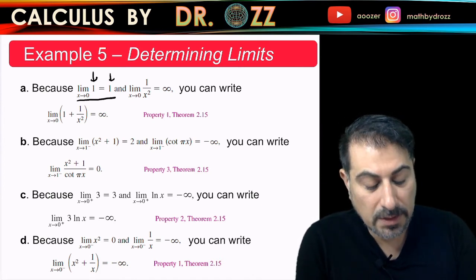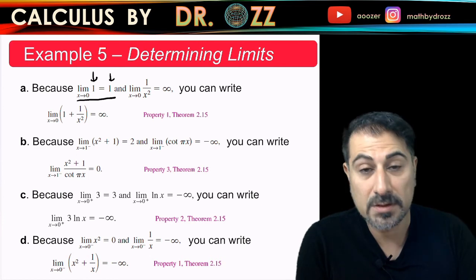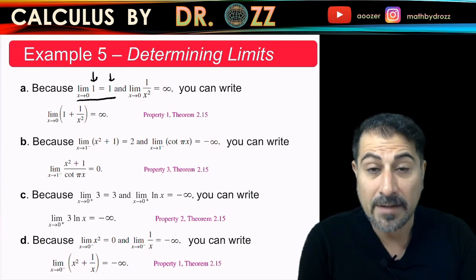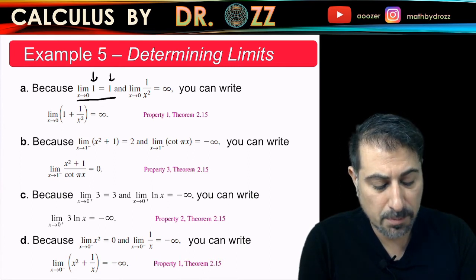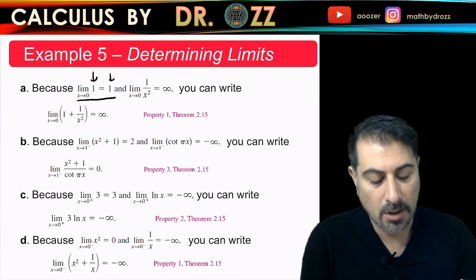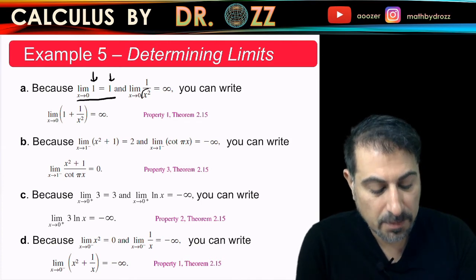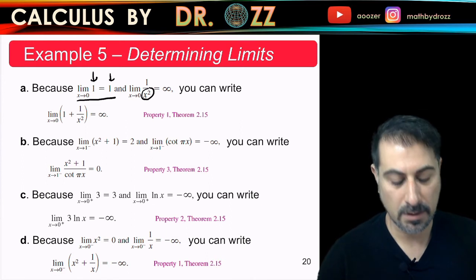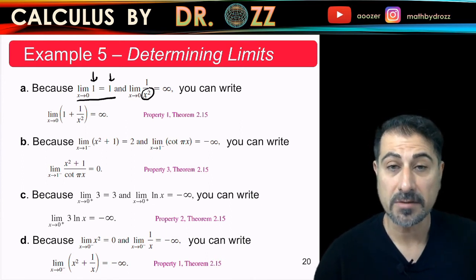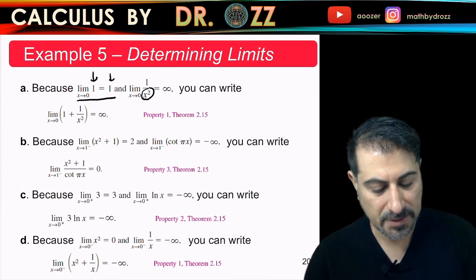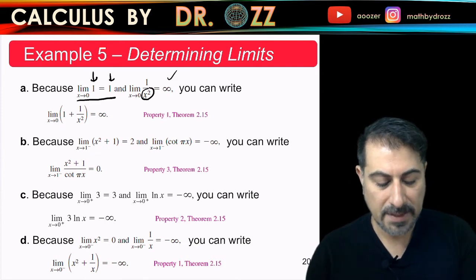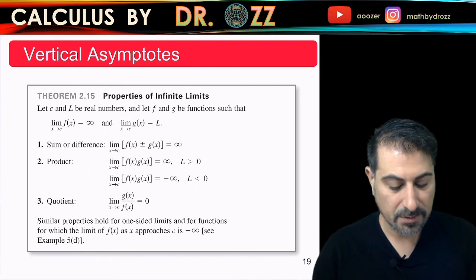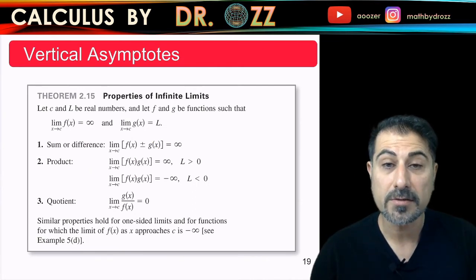And individually, the limit of 1 over x squared as x approaches 0 should be infinity because from the left and from the right, you're dividing 1 by a very small positive number, because any number you take close to 0 and square is a number very close to 0. So this limit is infinity. You have a finite limit and an infinite limit, so that takes you to infinity because of the first property.